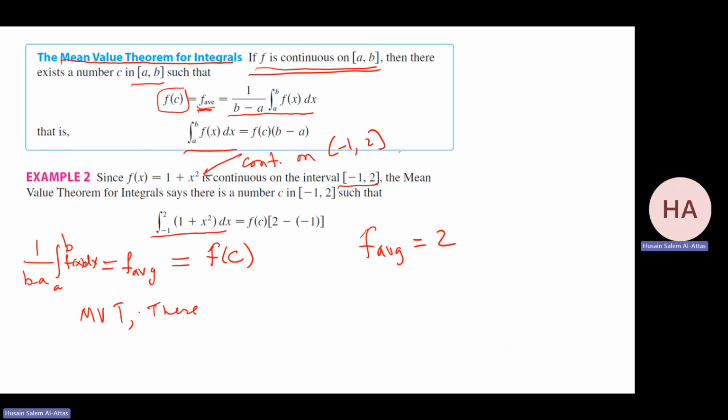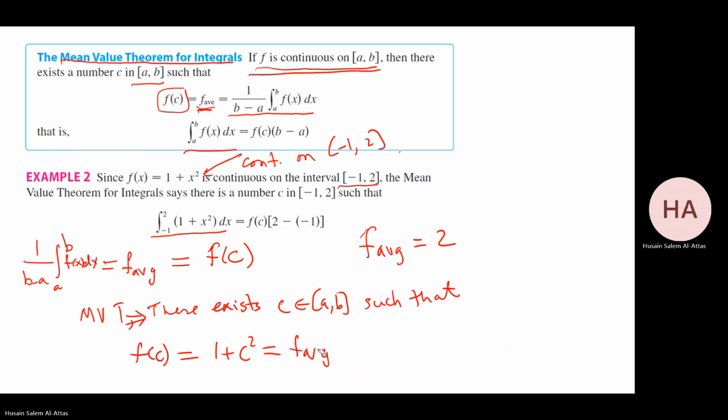There exists c in the closed interval such that f at c, what is f at c? 1 plus c squared is equal to f average, which is 2. That implies c squared is equal to 2 minus 1, which is 1. So c equals 1 or c equals minus 1.